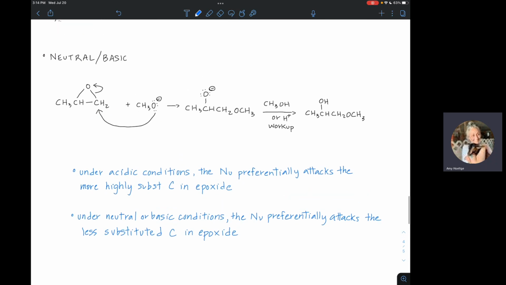So that's going to do it for ethers and epoxides. I'm going to save amines for their own video. When we get to amines, we're basically going to go through their nomenclature and their physical properties and a couple of reactions, because we end up using them in our further chapters with our carbonyl compounds.